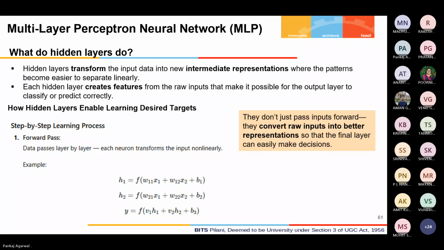I also talked a little about what exactly these hidden layers are doing. In a very simple sense, hidden layers transform the data from one form into another form. Why do we need it? Because with the original form, I was not able to separate my data.